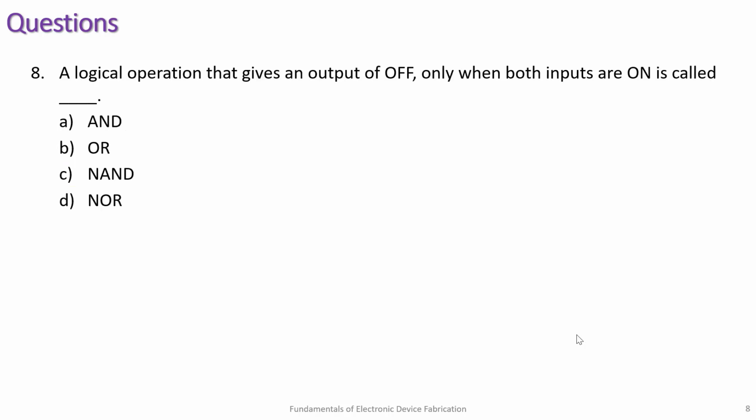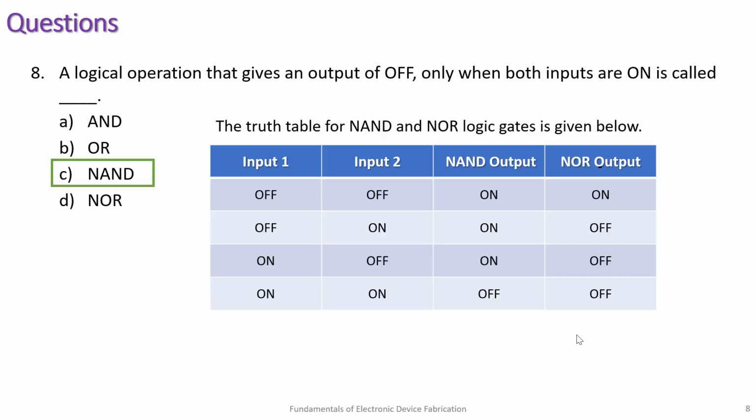A logical operation, this is very simple. A logical operation that gives an output of off when both inputs are on is called... NAND, NOR.